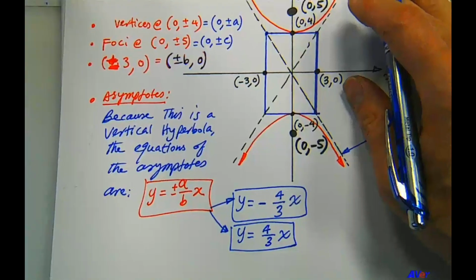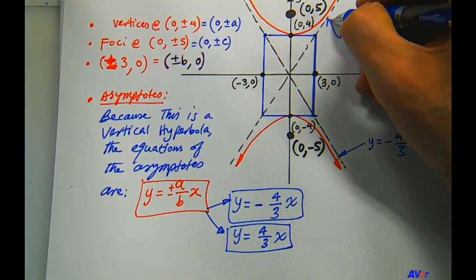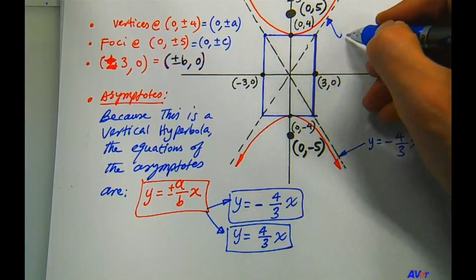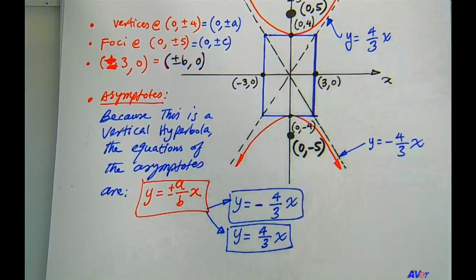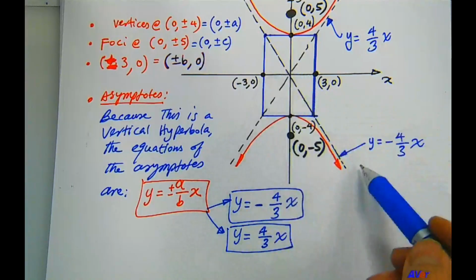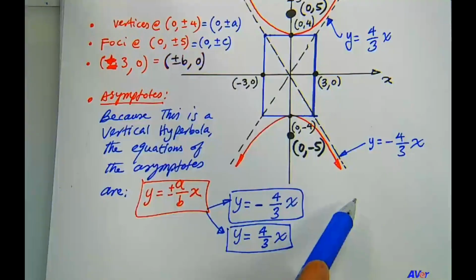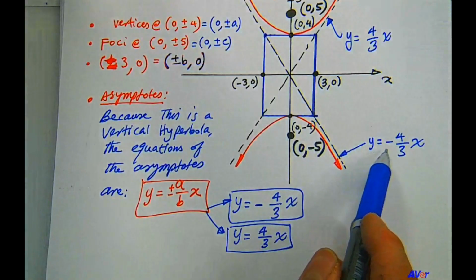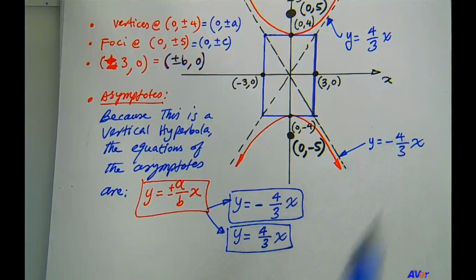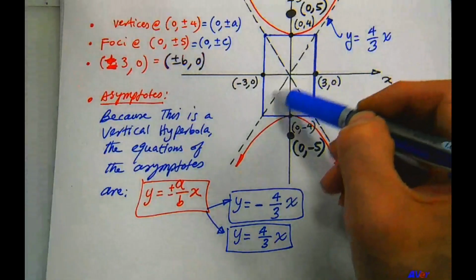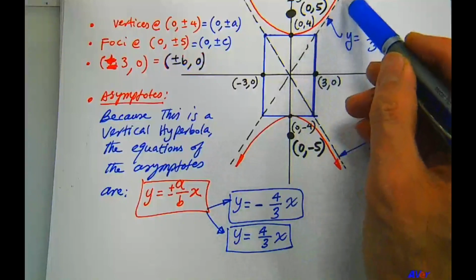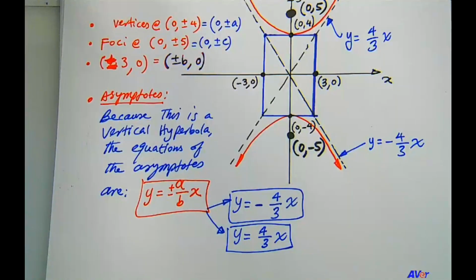I can draw it on the drawing here. That asymptote is y equals 4/3 x. This one is sloping downhill from left to right, so it has the equation y equals minus 4/3 x, and y equals 4/3 x is the one sloping uphill from left to right.